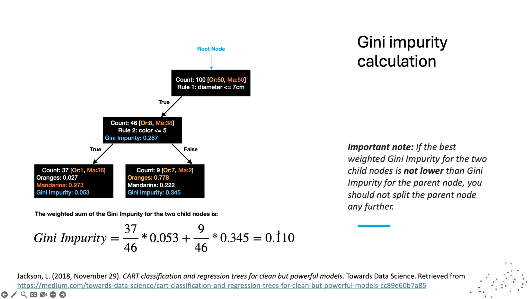The weighted sum of Gini impurity for these child nodes is 0.11, which is less than the parent node Gini impurity of 0.287. If the best weighted Gini impurity for the two child nodes is not lower than the Gini impurity for the parent node, you should not split the parent node any further. So this is a condition where we can stop splitting.